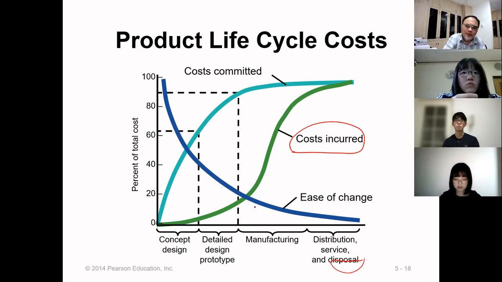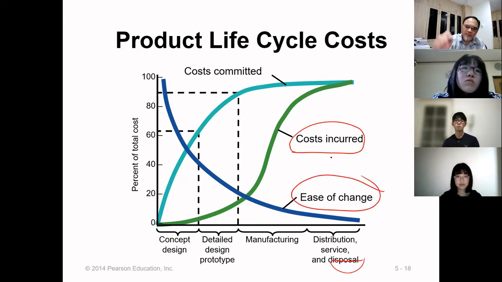This line, what it means is this blue line, ease of change. Ease of change means how easy is it to change the design of the product as we go along this time. Earlier, it's easier to change. You can change the material, you can change the shape.